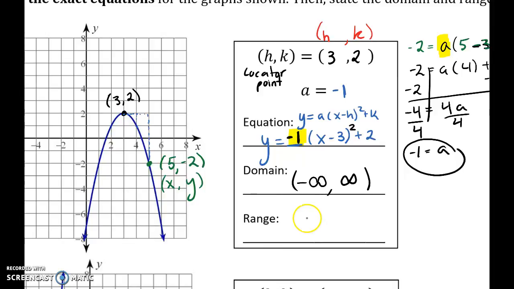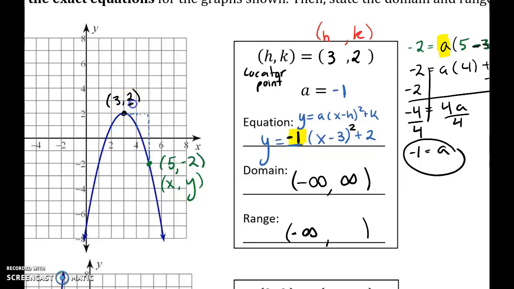The range is referring to the collection of all of the y values, and the smallest y value is also negative infinity because the graph is going down forever, because it's continuing to reach down. The upper part of this graph, though, does have a limit, and that limit is 2.